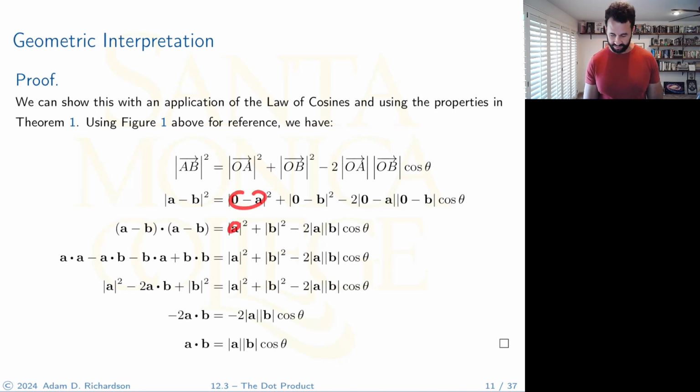So this just becomes A, this just becomes B, and so on. Now here we're using one of those properties of the dot product. Remember that if you dot a vector by itself, that's the same as the length squared. So going from here to here is using that property.